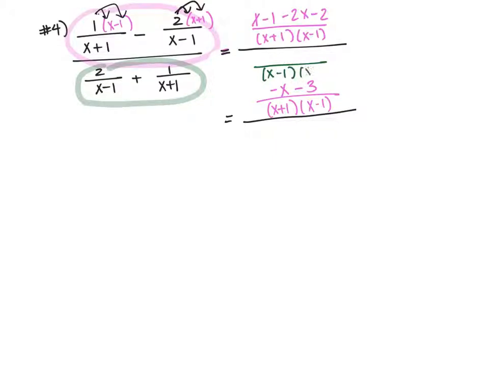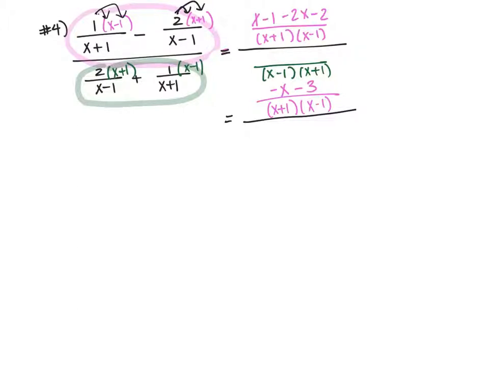So same as before. And then for the top here, I need to multiply what's missing in the denominator. I'm missing x plus 1 in the denominator compared to my common denominator, so I'm going to multiply this guy by x plus 1, whereas this one's missing x minus 1 in the denominator.